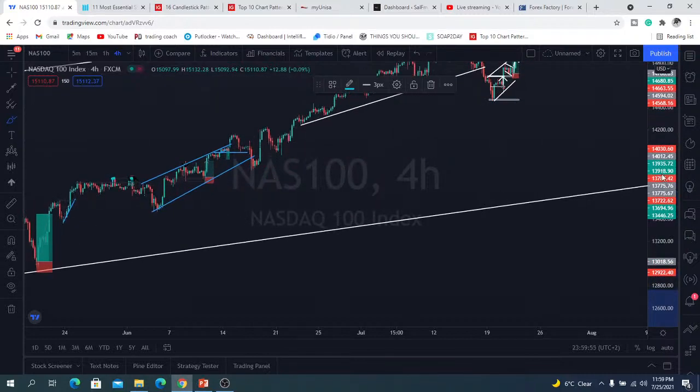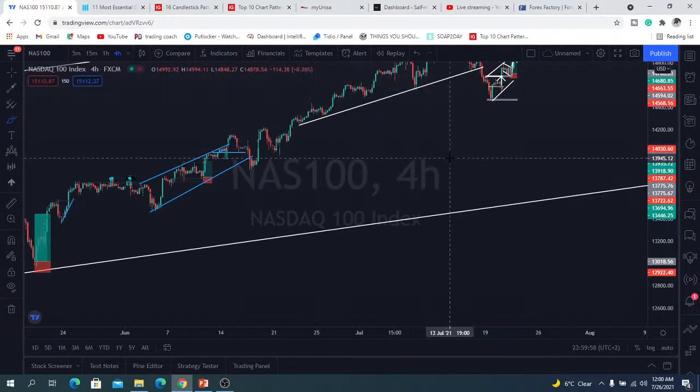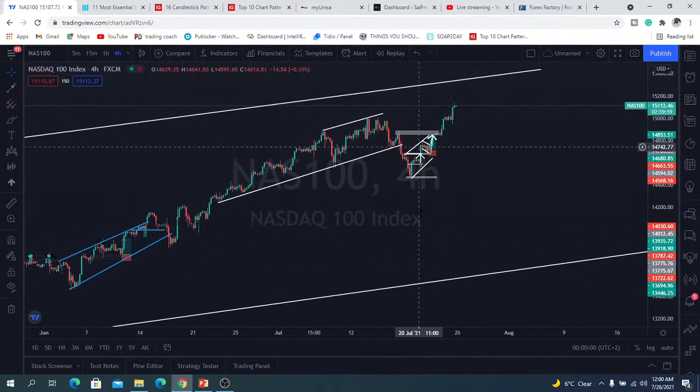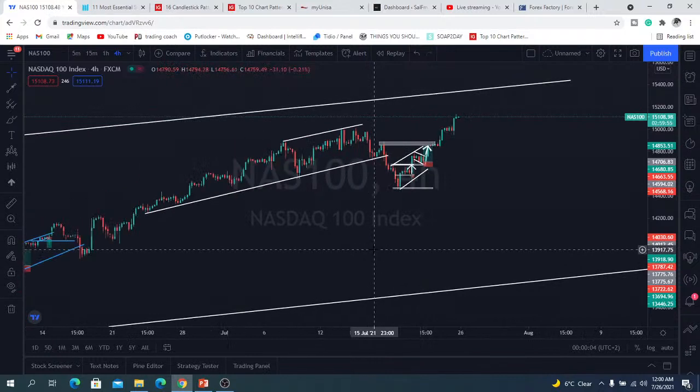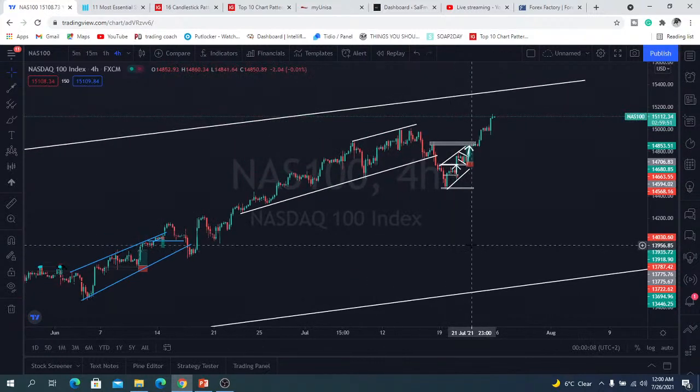I'm explaining everything here on Nasdaq so you will understand how to trade it. Those in my group know I send Nasdaq signals at least 2-3 times a week. It's 12 o'clock, I just saw some move here.